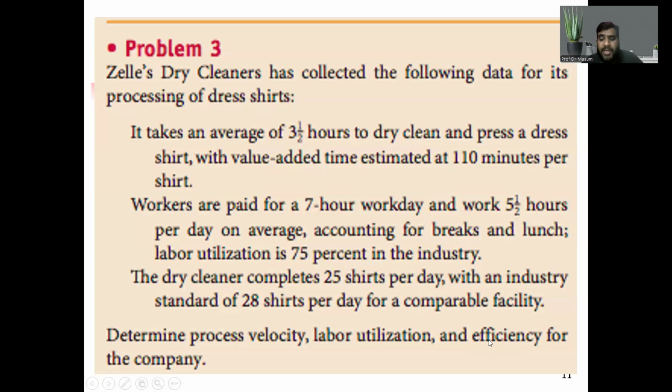So you have to bring it up to industry standard. That means 100%. You have to try to convert your efficiency level to 100%.